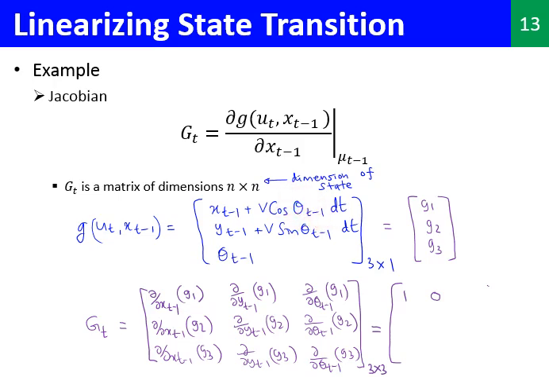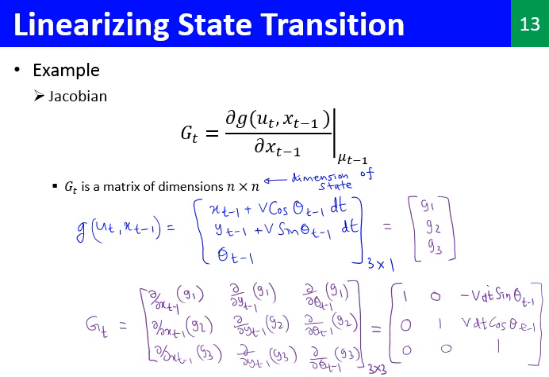We will get minus v dt sine theta t minus 1. Agree? So we can fill up the remaining entries. Here again we have 0 and 1, and here we have v dt cos theta t minus 1. And finally g3, we get 0, 0, and here we have a 1.